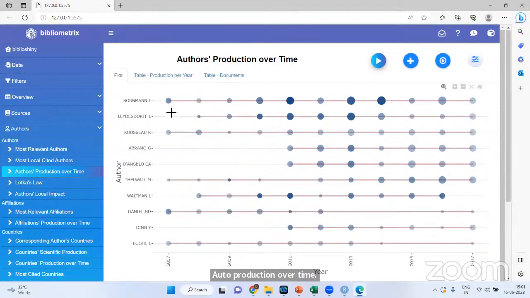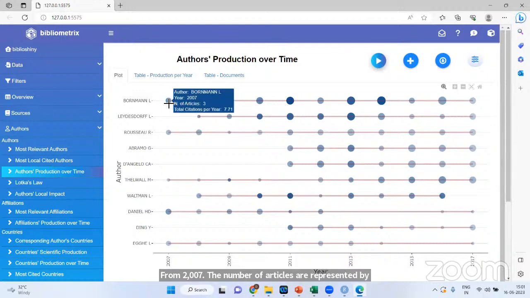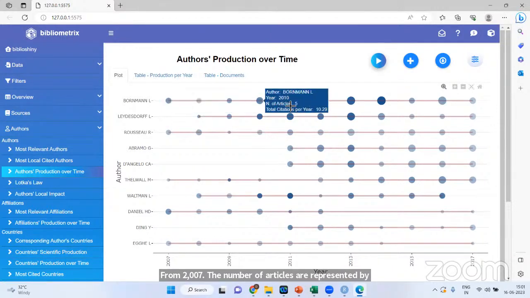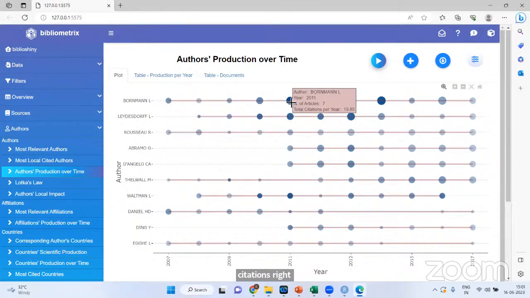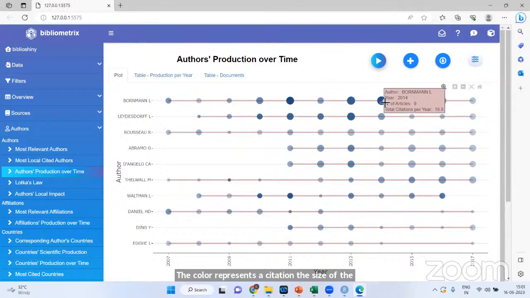So Bondman started writing from 2007. The number of articles is represented by the size of the circle and the color represents their citations, right? The color represents the citation. The size of the circle represents the number of articles.